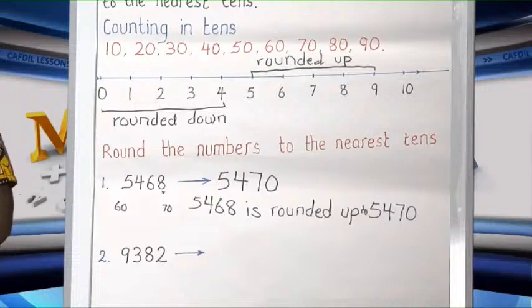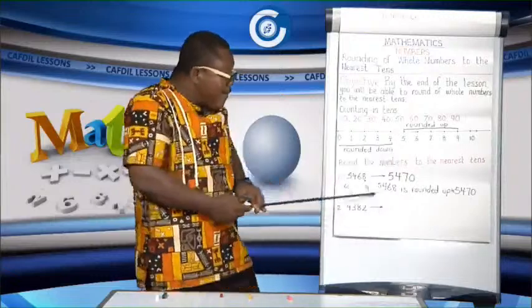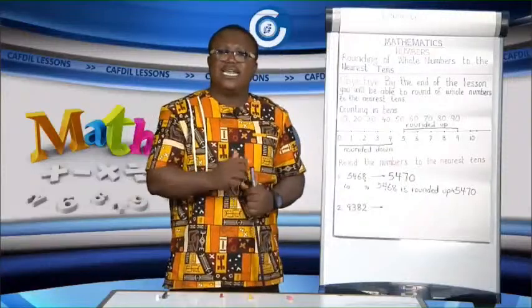Here it is being rounded up. The number was 68, but we have managed to write 70 there because it is closer to 70 than 60.